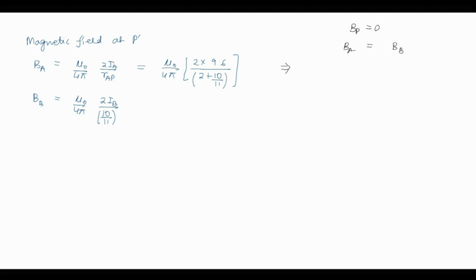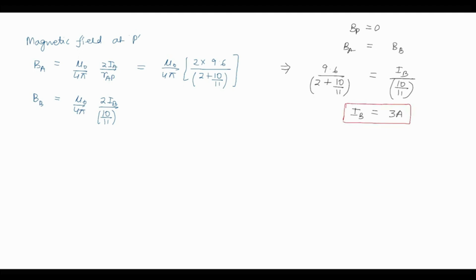So I can write 9.6 upon 2 plus 10 by 11 is equal to IB upon 10 by 11. From here we obtain that the current flowing in the wire B is equal to 3 ampere, and it is coming out of the plane of the screen. So IB is equal to 3 ampere.